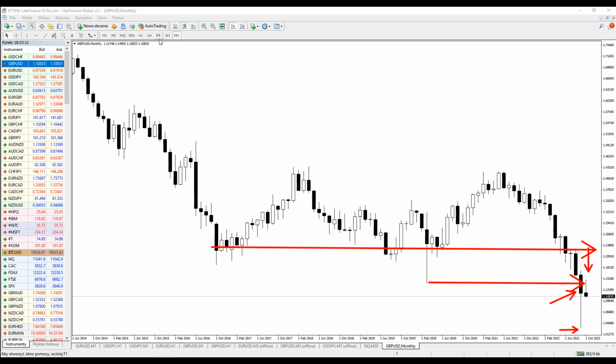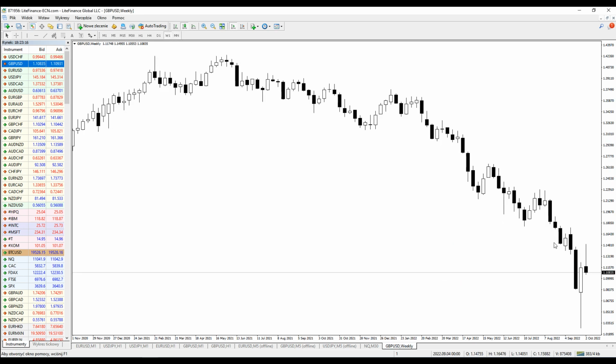So let's check on the weekly chart a few possible entry points. As you can see, the latest rally was exactly rejected within the supply zone, right? Because what we have here was a drop base rally drop, and the rejection was exactly at that particular point.